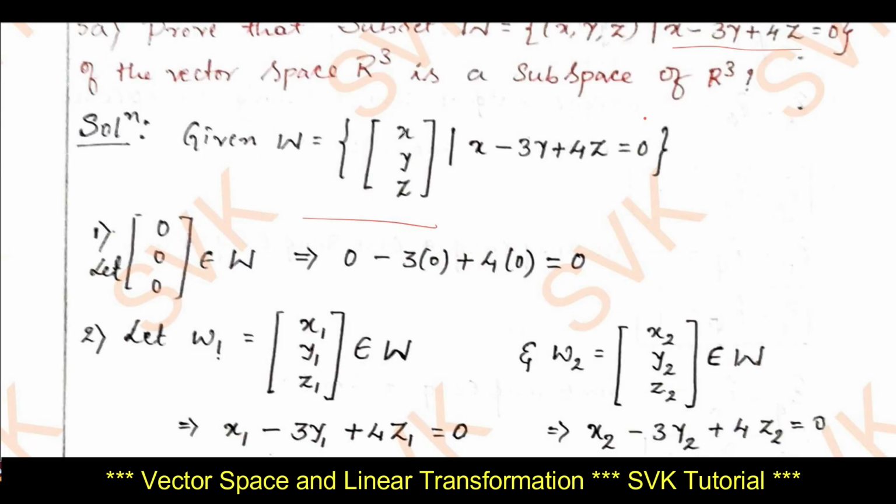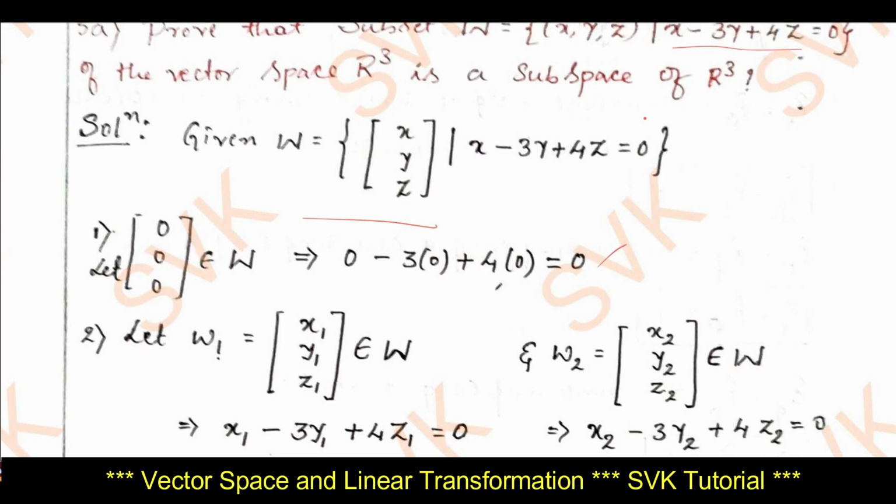To show that, I will define (x, y, z) equal to 0. So 0 belongs to W. If I consider the (0, 0, 0) vector, it belongs to W. So if I substitute x, y, z values as 0 here, substituting x as 0, y as 0, z as 0, the value will be 0. Therefore, LHS equals RHS. Therefore, I can say that the first condition has been satisfied here.